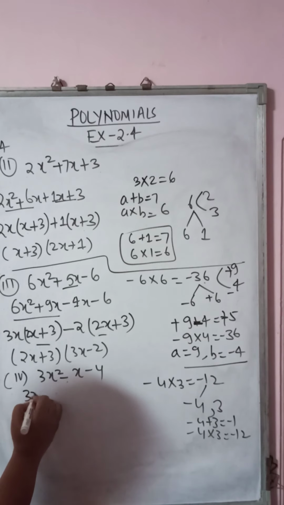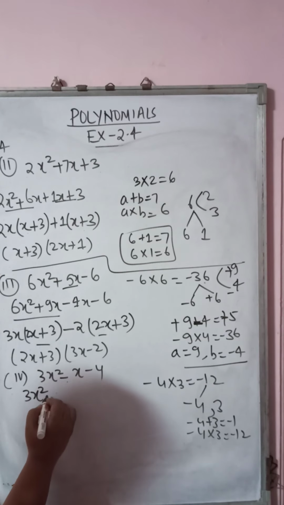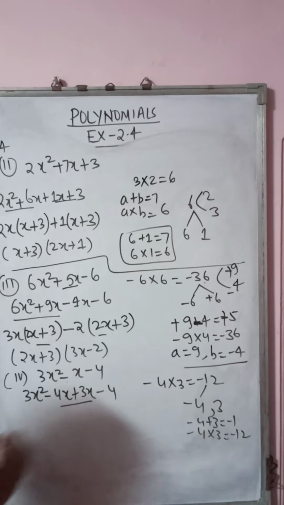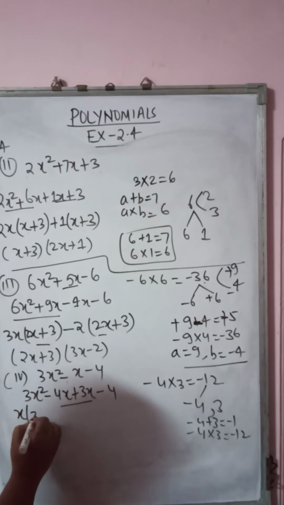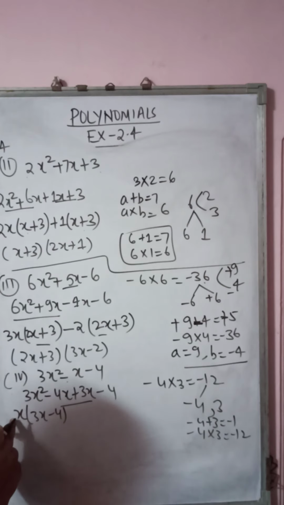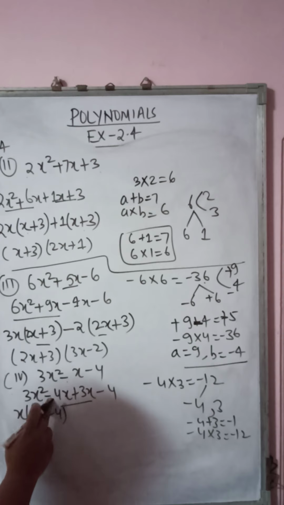So 3x square, in place of minus x, what can I write? Minus 4x plus 3x minus 4. So this is how I have split. Now among these two, I think only x is common. So the remaining you will write like this. X I have taken out. So x into x, x square, and 3 I have written, then plus minus minus, x I have taken, so x into 4, 4x.